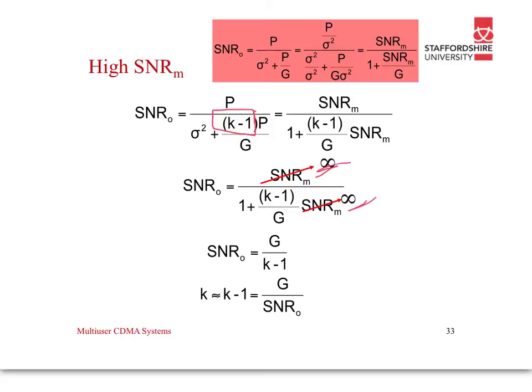So we will have G, infinity over 1 is going to be infinity, plus K minus 1 over G. Invert this: G over K minus 1. K is approximately equal to K minus 1. So K equals G over the signal to noise ratio at the output.